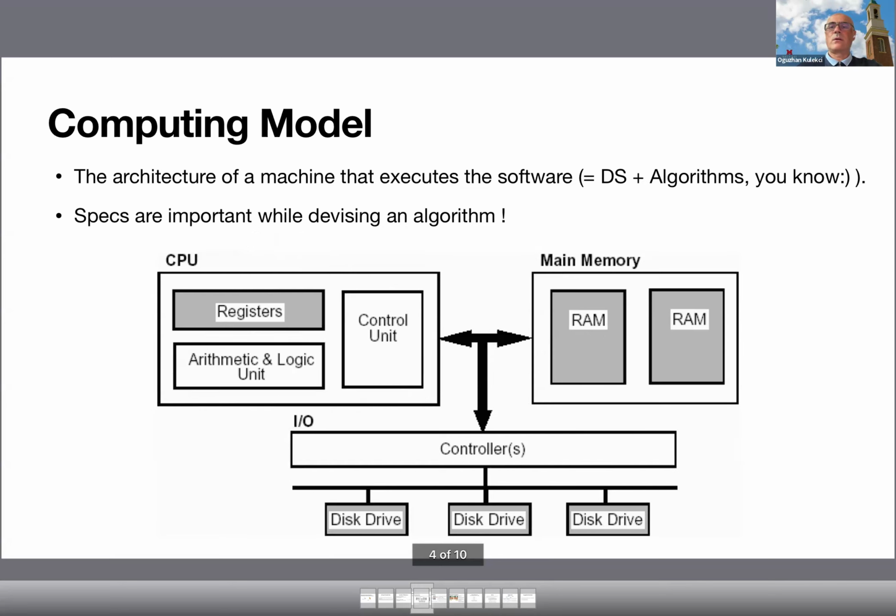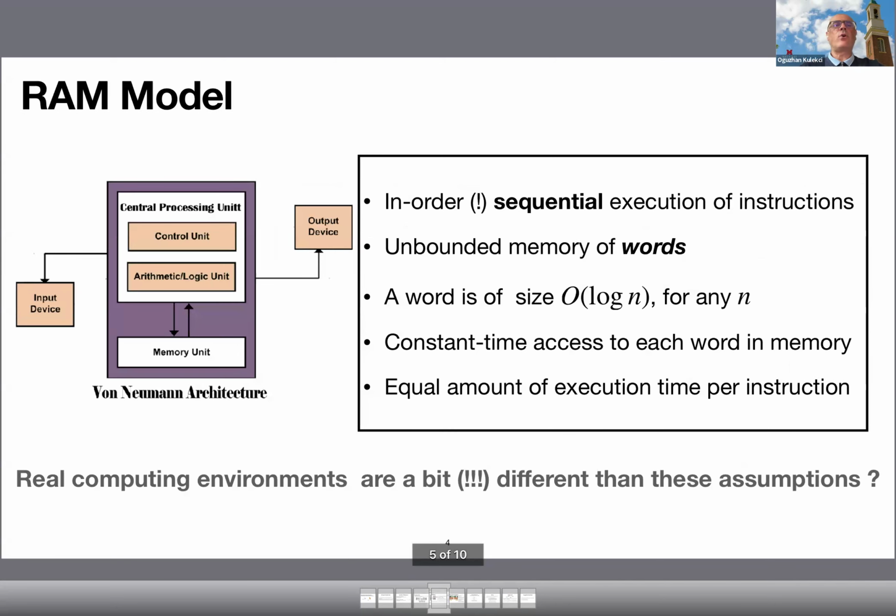Okay. So actually, we call this the von Neumann architecture. Okay, so there is the arithmetic logic unit, and that arithmetic logic unit is connected to a memory unit with a bus, with wires, and there are some output and input devices connected.